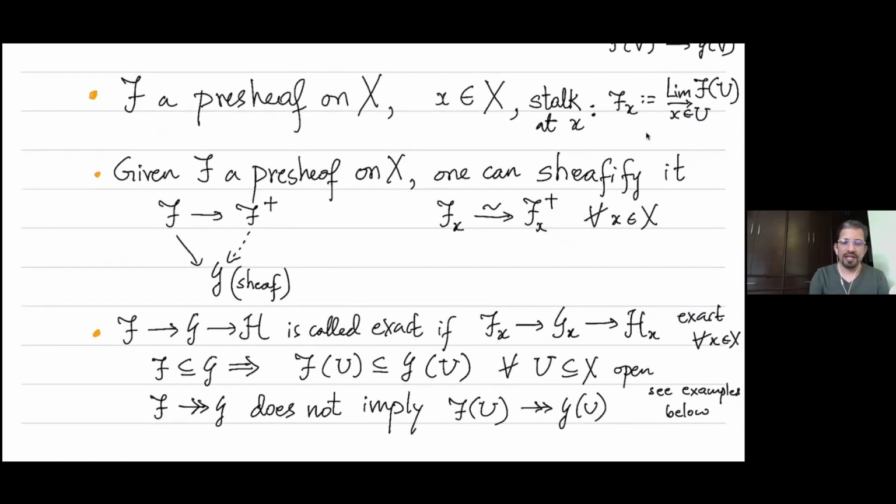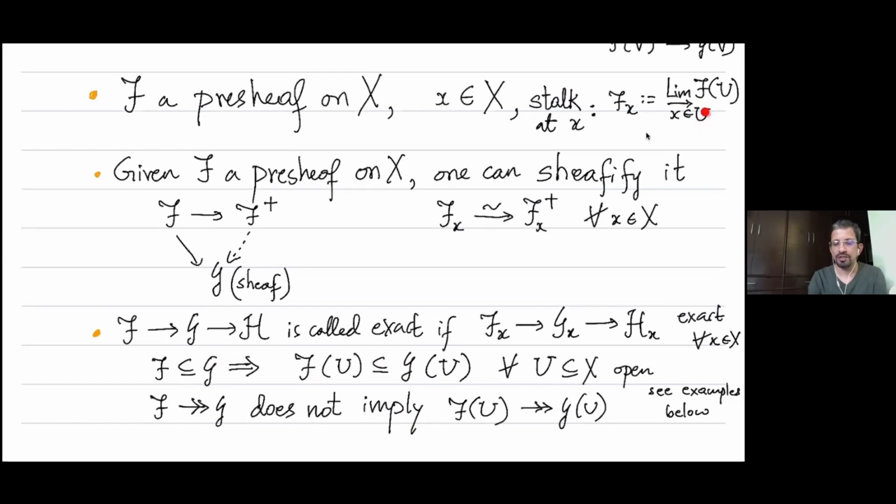Given a pre-sheaf on X, or for example a sheaf on X, for any point x in X we can define its stalk at x, and that is simply the direct limit of F(U) as you shrink your open sets. You look at all open neighborhoods of x.